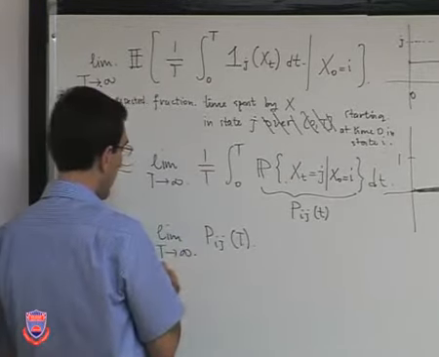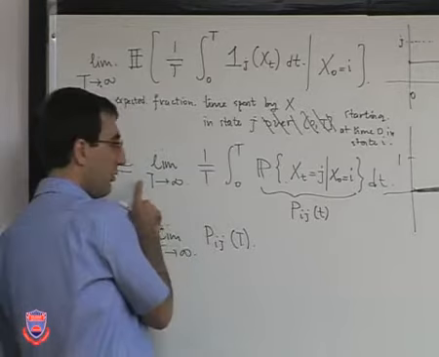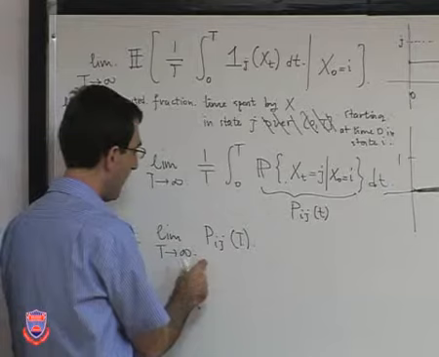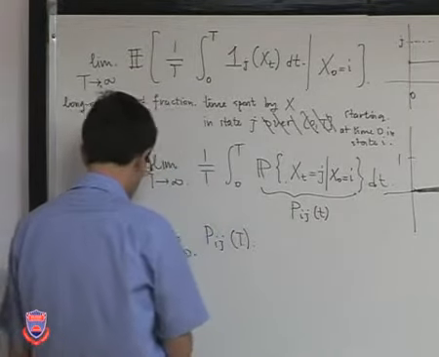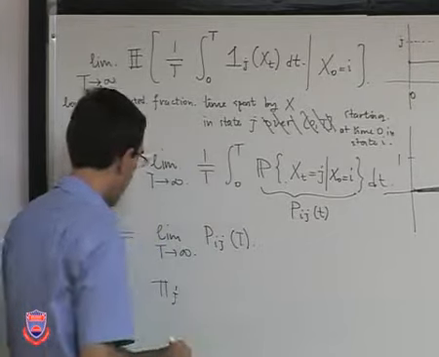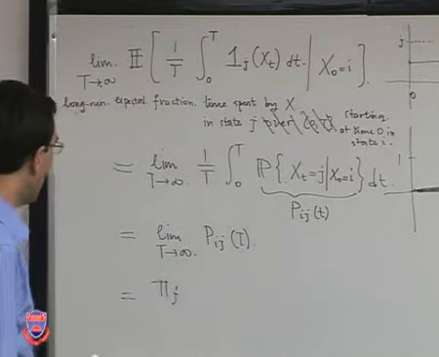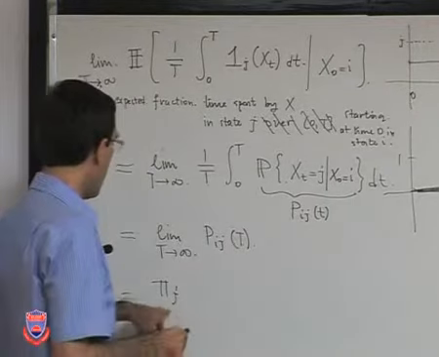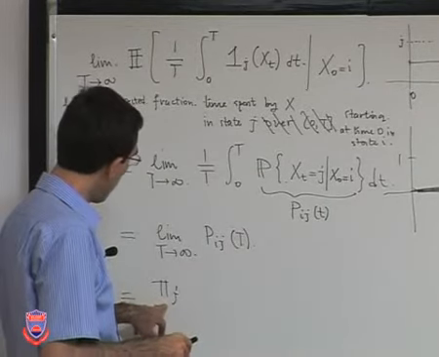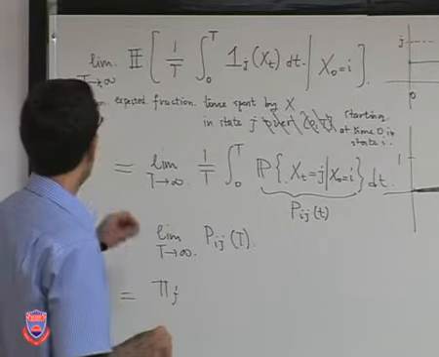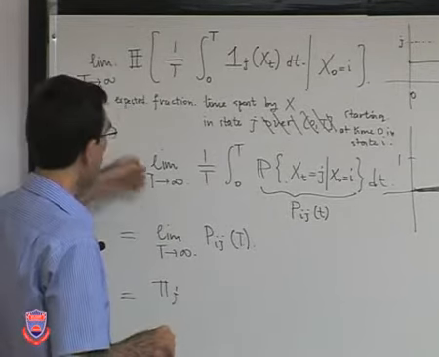For that reason, you can convince yourselves that this limit is the same as this one, and this is nothing but the limiting probability of being in state J. And then we got the same relationship.